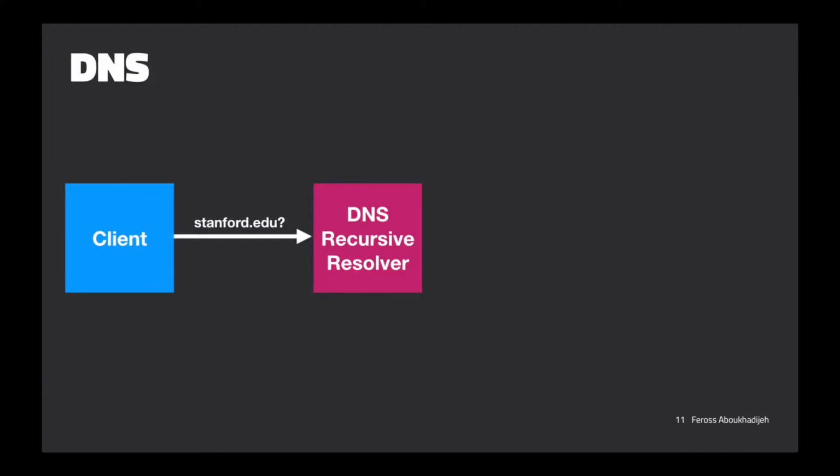The recursive resolver takes on the responsibility of looking up the IP address for stanford.edu and doing whatever work is necessary to do that, and then it gets the answer and sends it back to the client. This process might take multiple steps, and that's why we call it a recursive resolver. It continually makes queries to various other servers until it gets the final answer that it's going to give to the client.